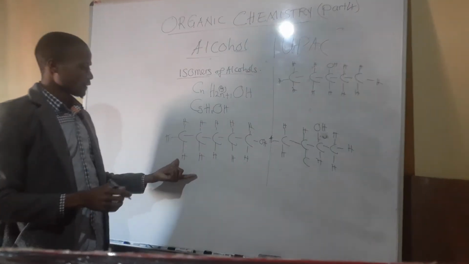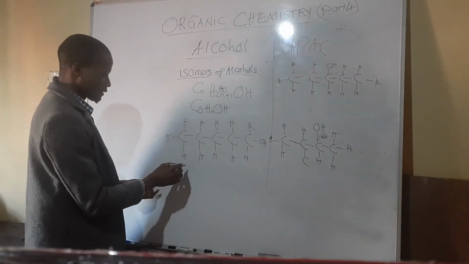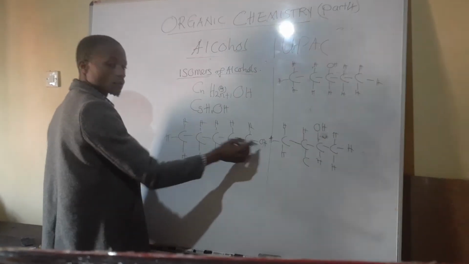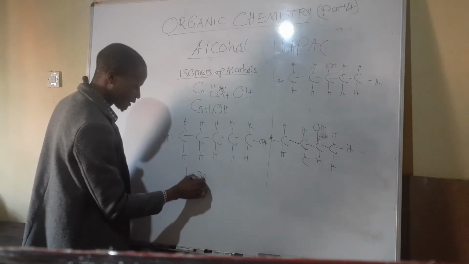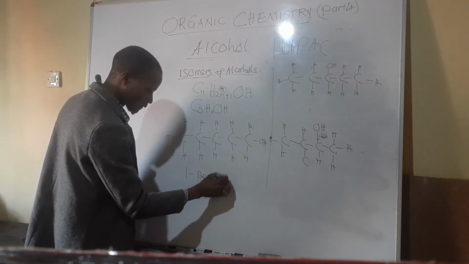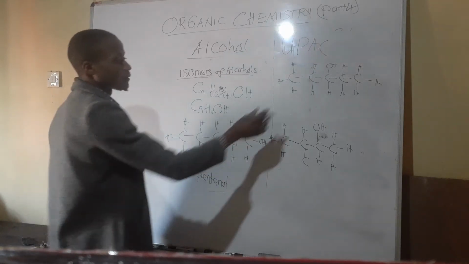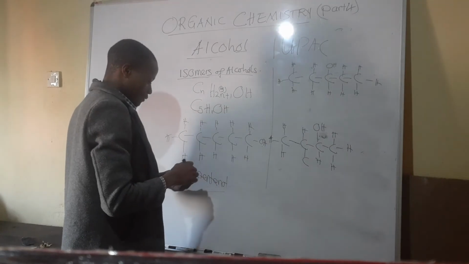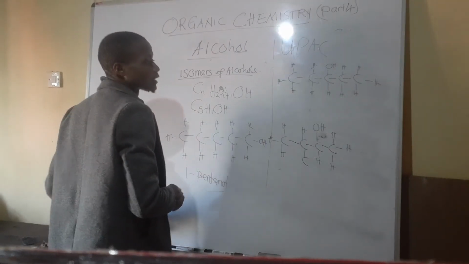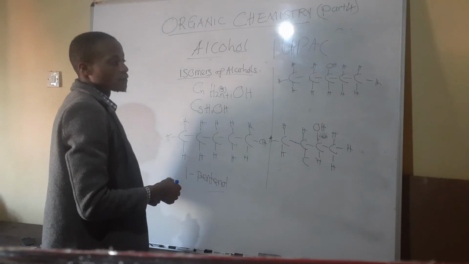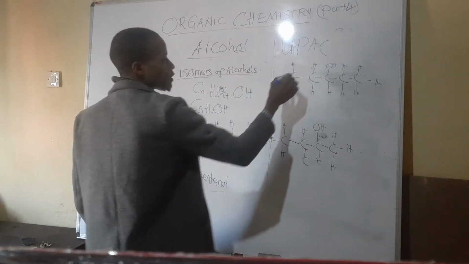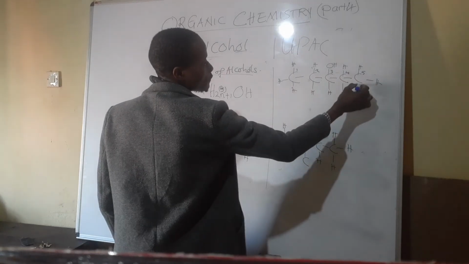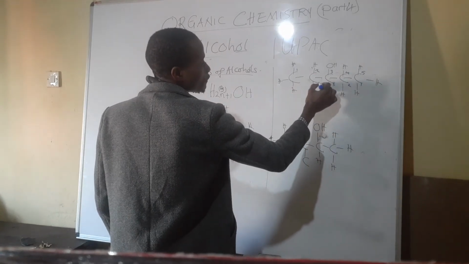This first one, as you might have guessed, is 1-pentanol because the hydroxyl group is at carbon 1. For this one, you identify the position of the group. When counting, first check which side gives the smallest number possible. 1, 2, 3, 4, 5, or 1, 2, 3, 4, 5.